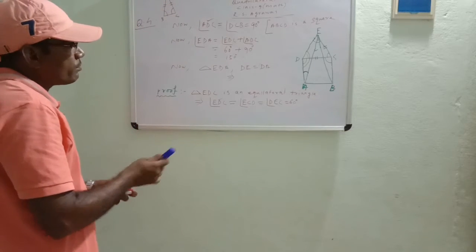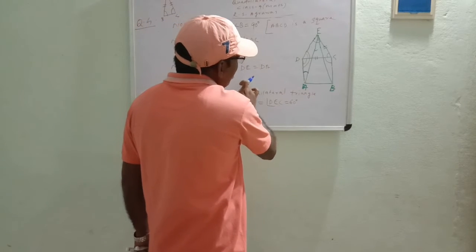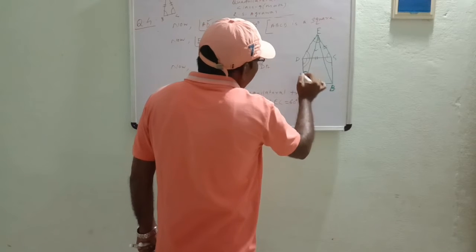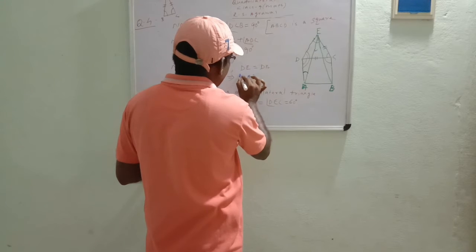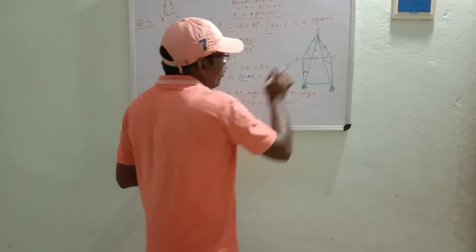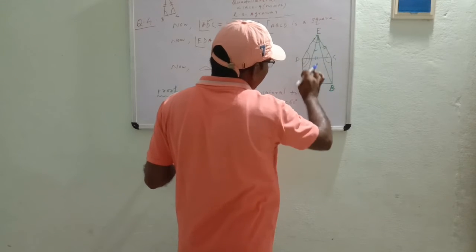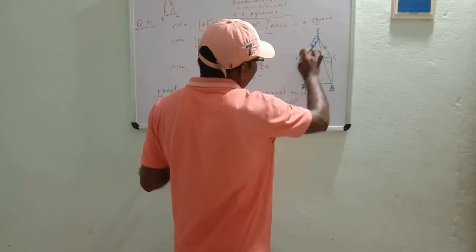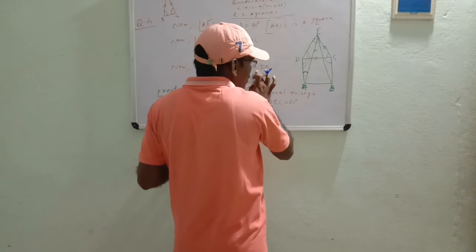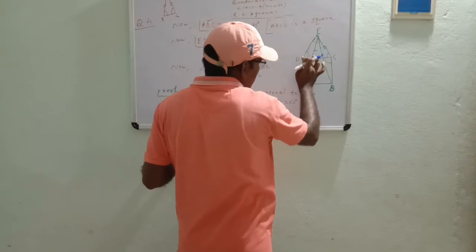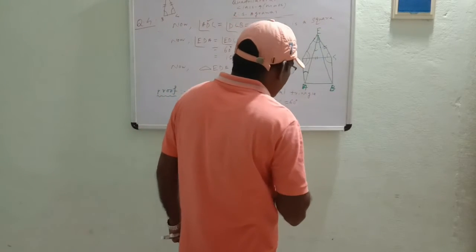Therefore we can write here, in triangle DAE, as DE equals DA, this side is equal to this side, therefore their opposite angles must be equal.